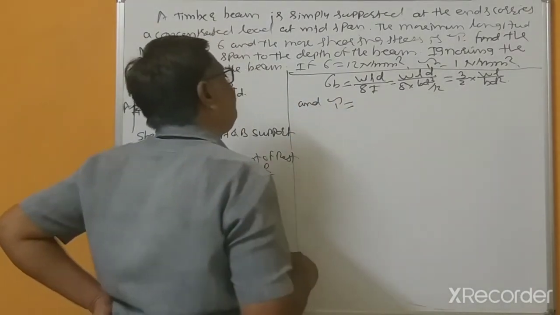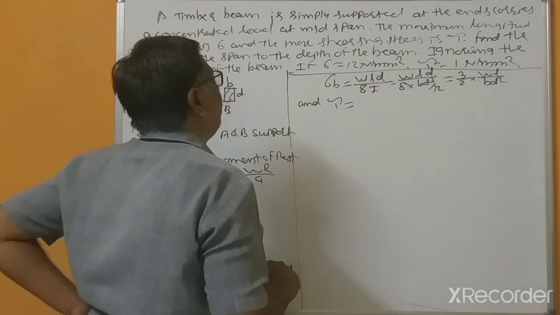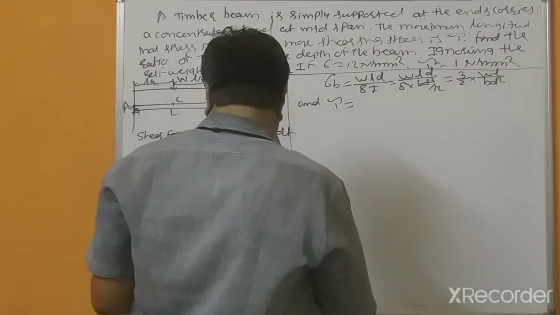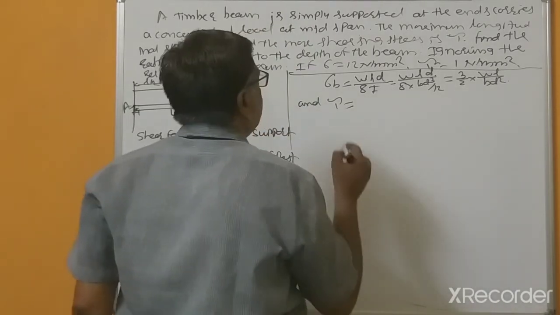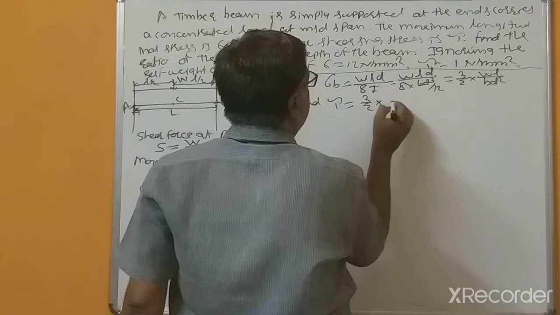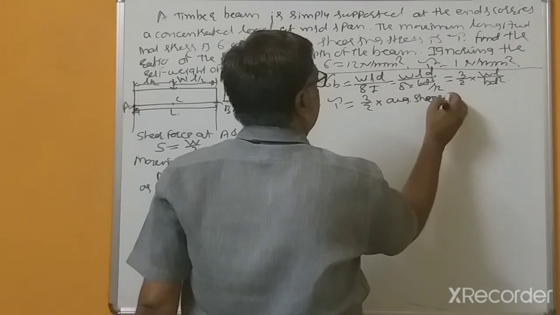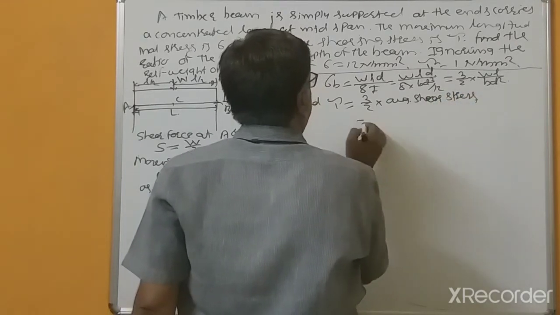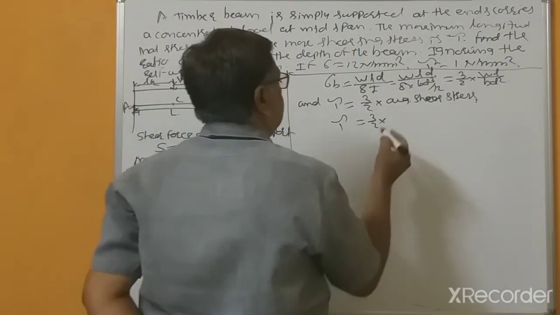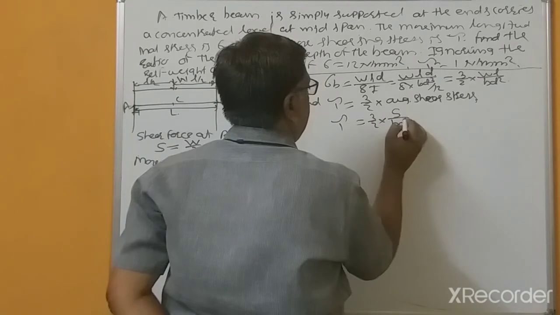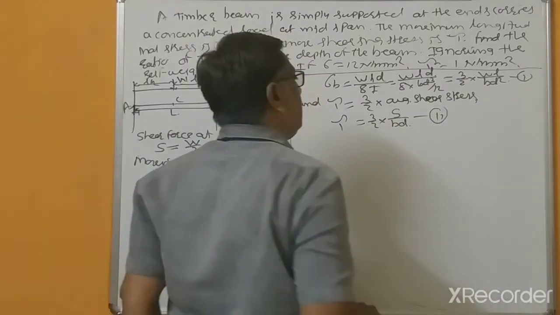Sigma and tau equal to 3/2 into average shear stress, S divided by BD. Suppose this is the first equation and this is the second equation.